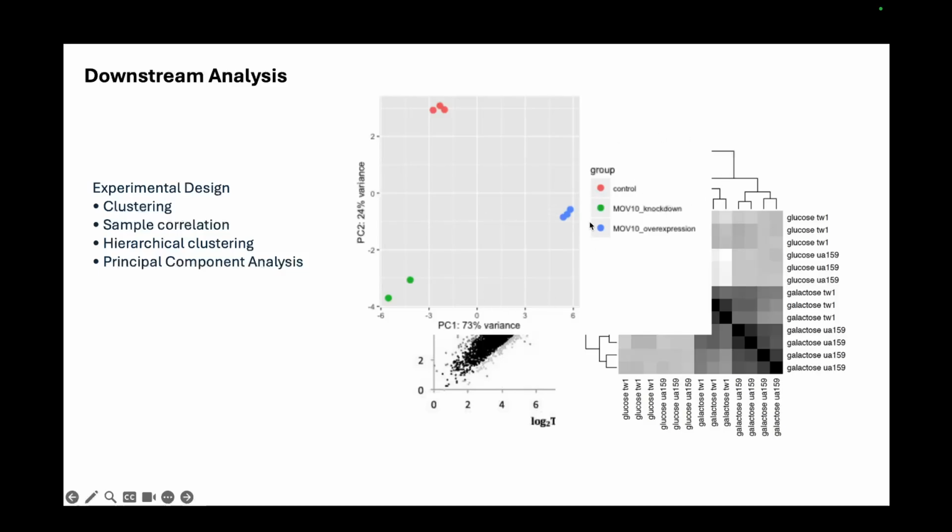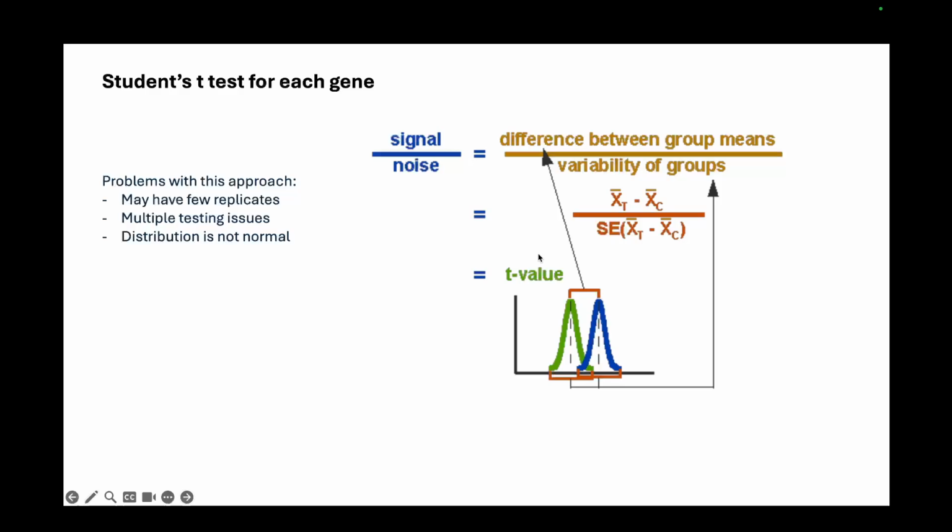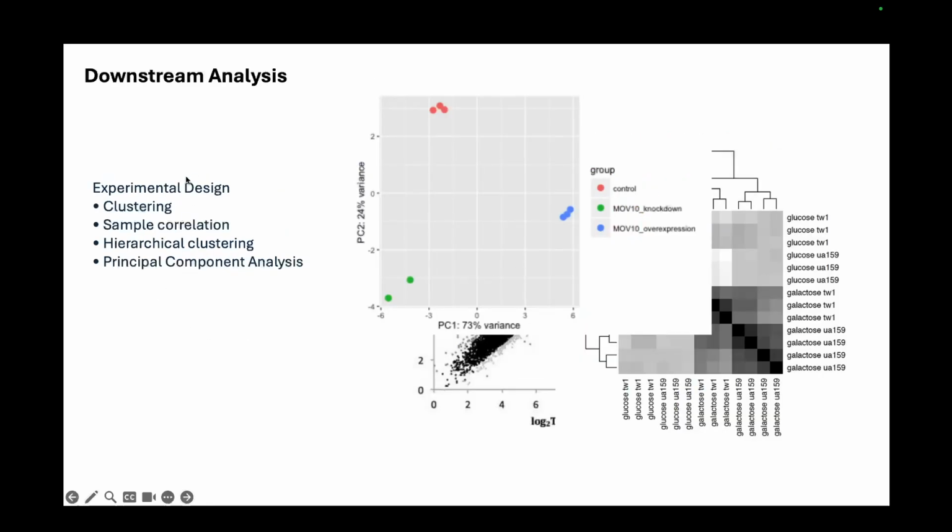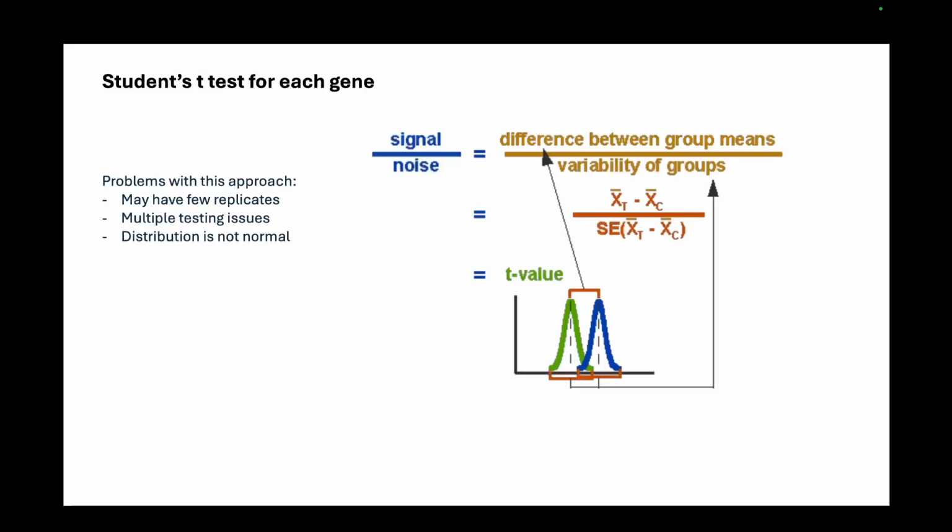So as I was saying, your control or your case samples should be together like it is here. So here there is no batch effect. Right? So you can do clustering, sample correlation, hierarchical clustering, and principal component analysis.